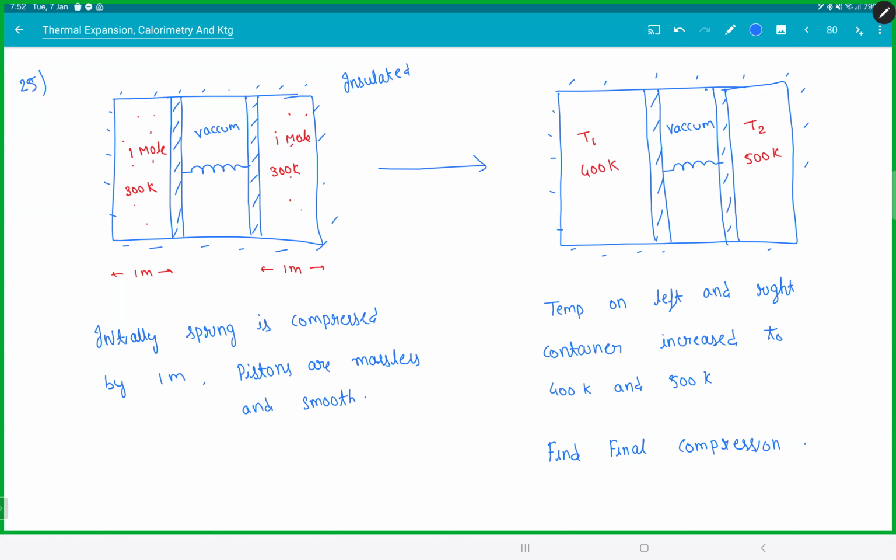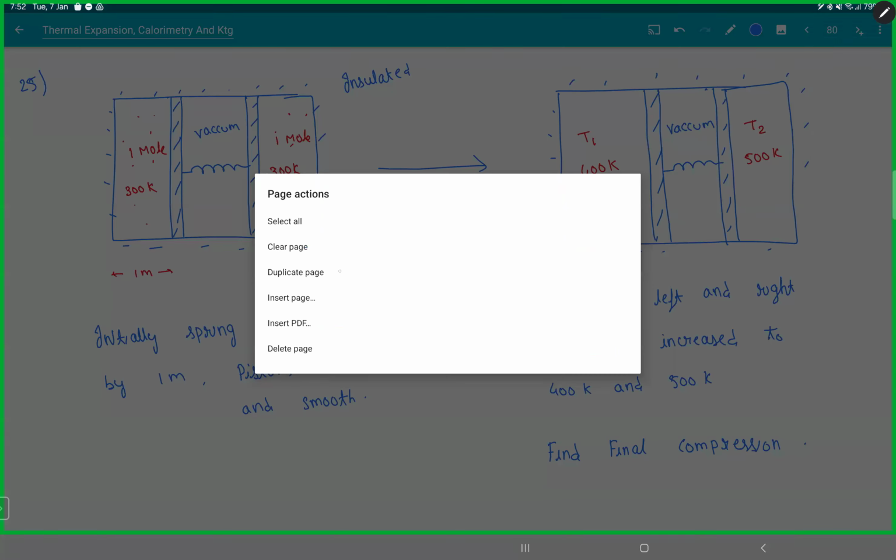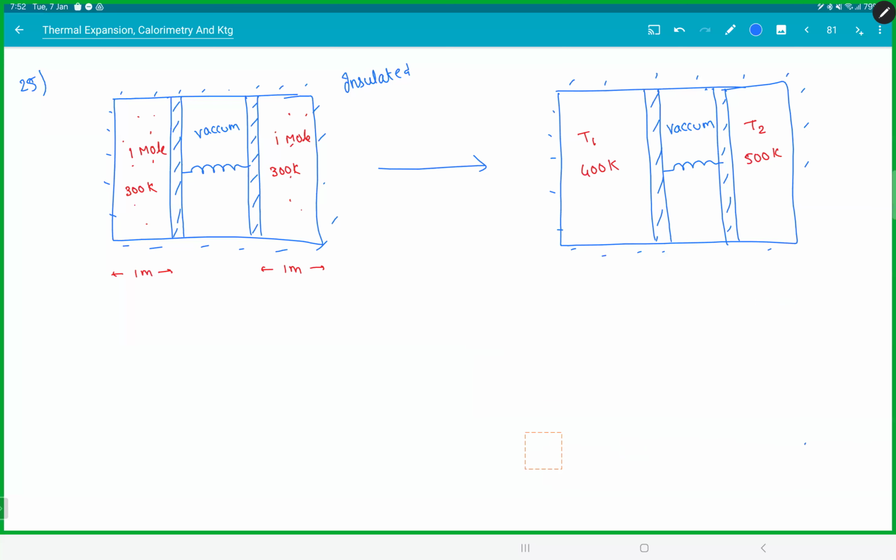Let's see the final diagram. See whether you figured out the diagram. The answer is not a good number. So let's see. Final temperatures are T1 and T2. Final pressure is P dash and P dash. Do you agree both will have the same pressure? If they don't have the same pressure, this piston will keep moving.